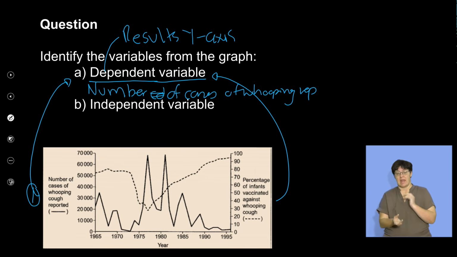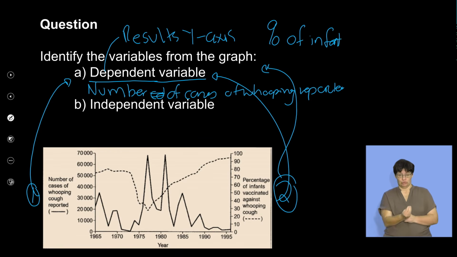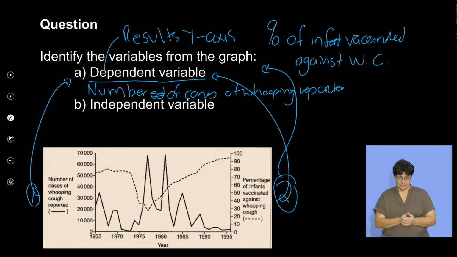All right, there we go. What's the next one? Number two. We're going to write that out just at the top there. Percentage of infants vaccinated against, and I'm just going to put WC for whooping cough.